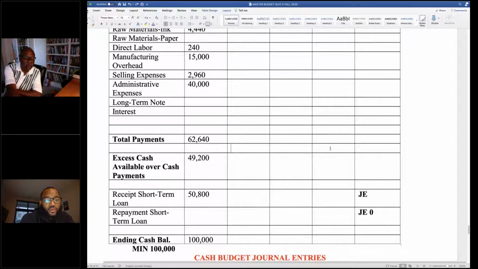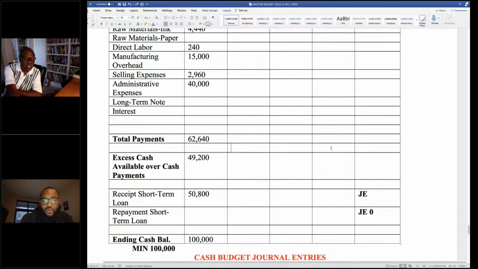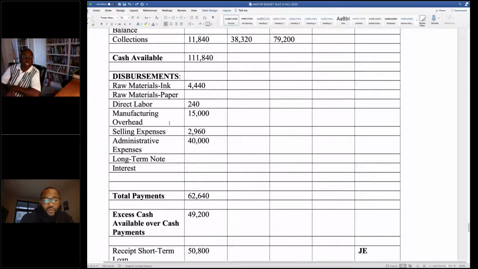It's going to be the sum of everything, depending on what you have from disbursements. I'm looking at the first quarter right now. I'm trying to figure out how you got that 62,640. Did you add them up? I just put down the number somebody gave me. What numbers are you supposed to add is what I'm asking. All the disbursements. Oh, okay.